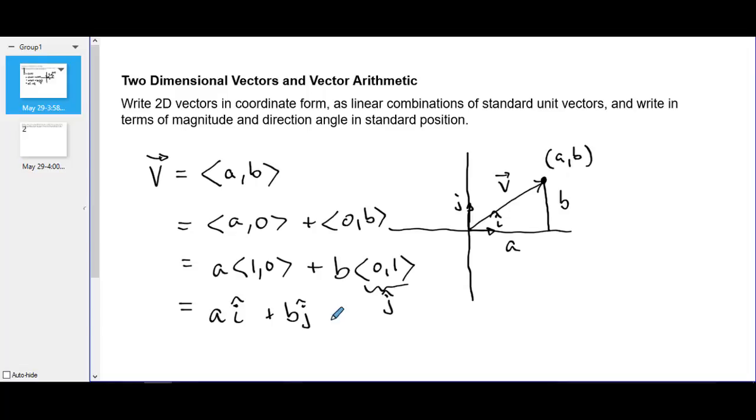You could form other unit vectors, of course, but I and j, and later when we're in 3D, k, of course, are the standard unit vectors.